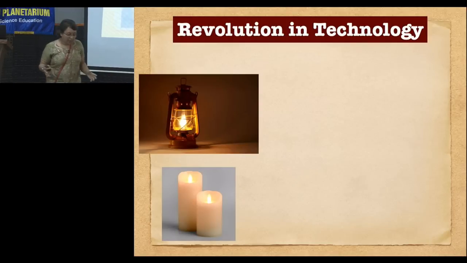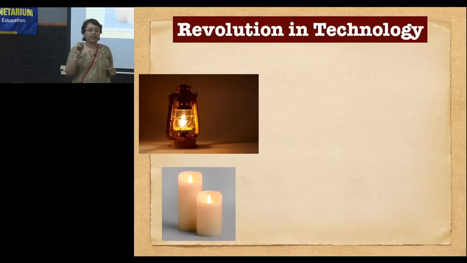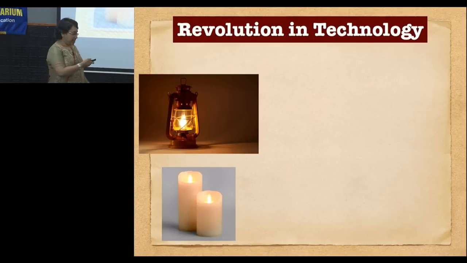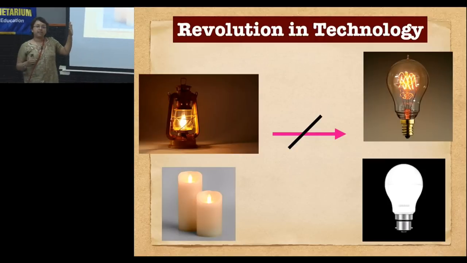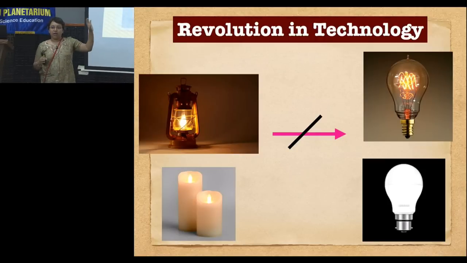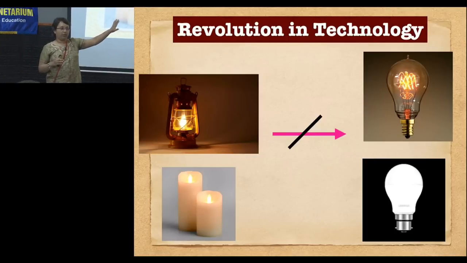Suppose I want to build a better and better lantern, or a better and better candle to get light. This is not a substitute. This will not lead to the electric bulb. So there is a revolution in technology. A better lantern or better candle can give us better light, but it will not lead to the electric bulb. So this is really a technological revolution.